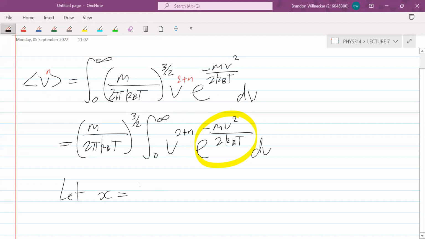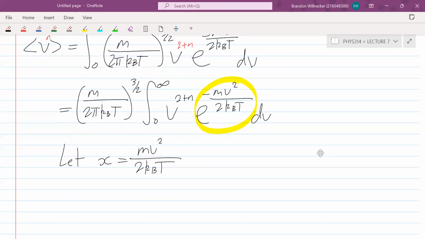Let x be equal to mv squared over 2 kbt. Whatever's in that exponent, we want to simplify it so we don't have to deal with the whole m over 2 kbt. Okay, so let's find dx for the u substitution. So dx is going to be mv over kbt dv.